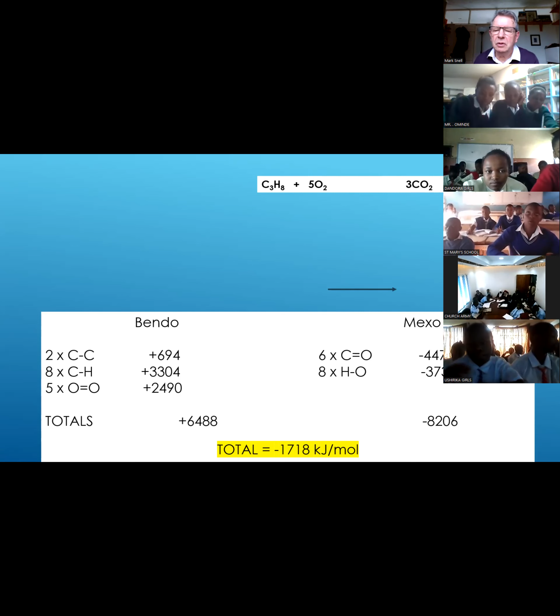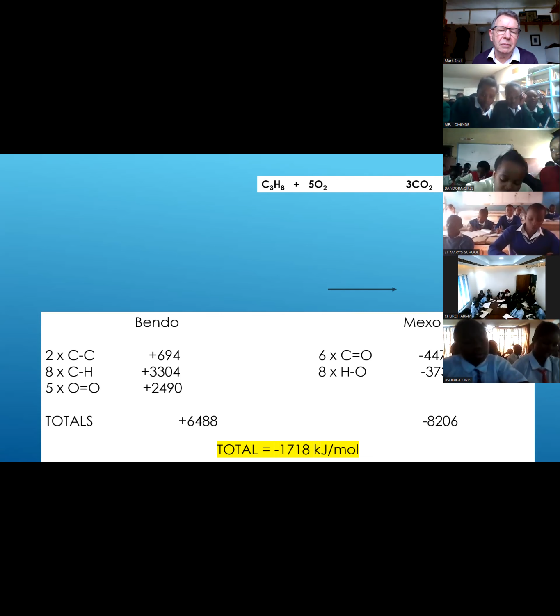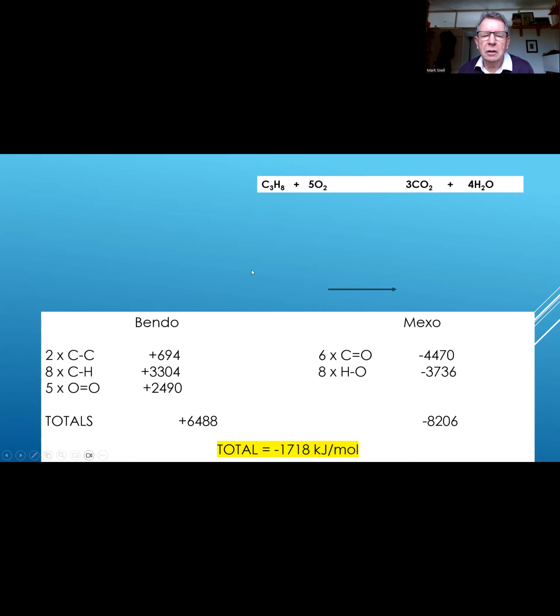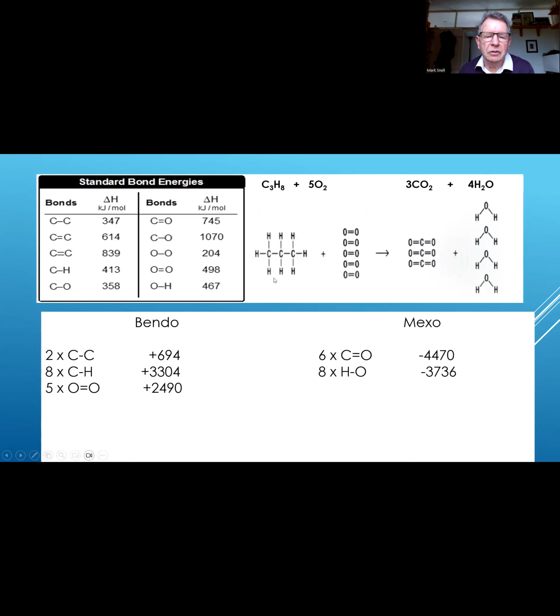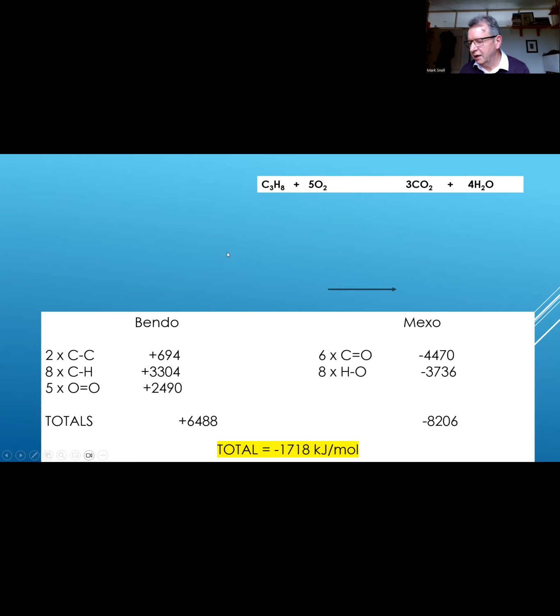It's quite a simple calculation, but it's easy to get it wrong because we forget a number or pick the wrong one from these tables. If you pick C single bond O instead of C double bond O, you would make a big mistake.